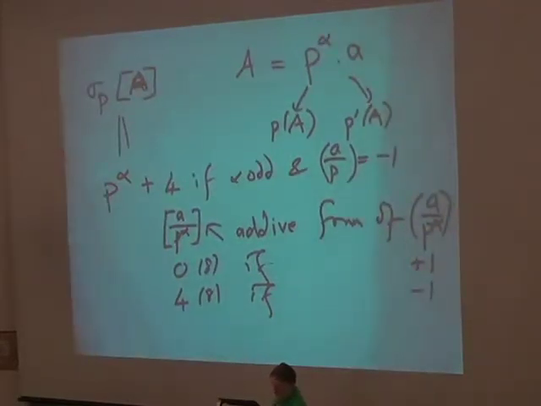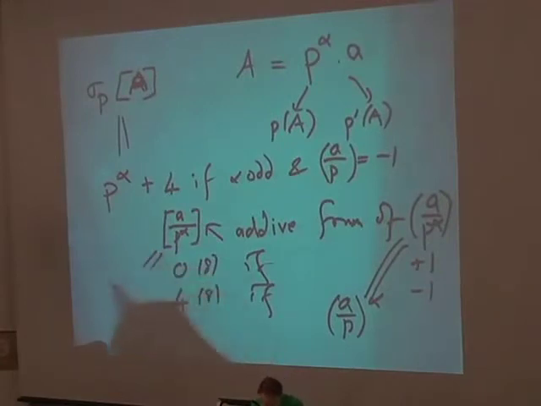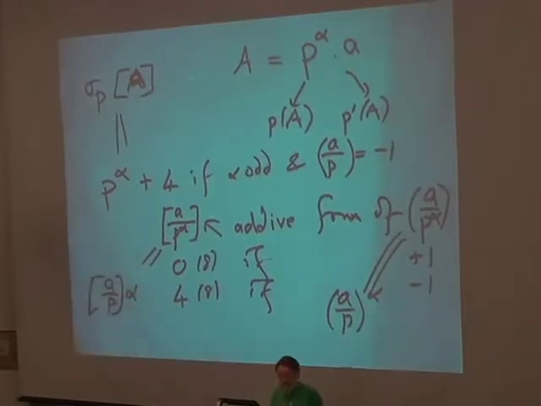It's defined to be the product of Legendre symbols. So this object here means AP raised to the power alpha. This object is AP times alpha, because we're writing it additively instead of multiplicatively.